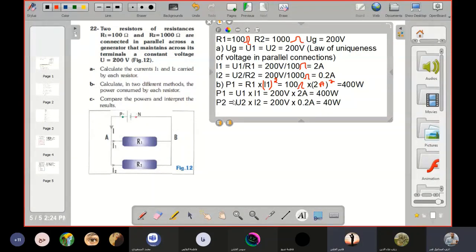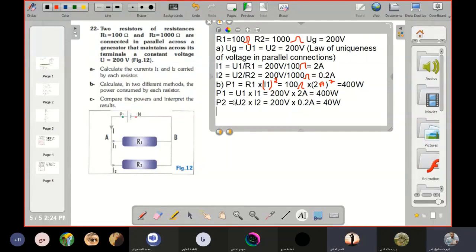Yes, right. And another method. P equals R I squared.